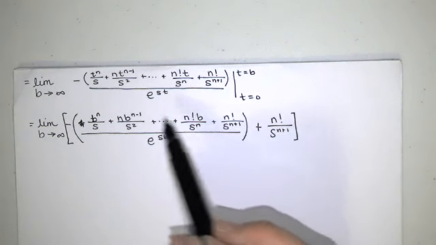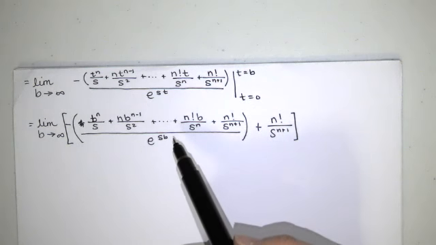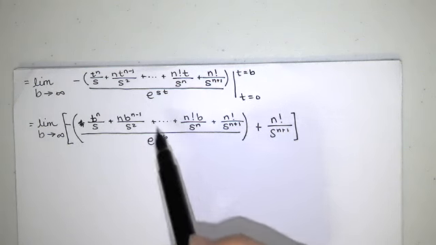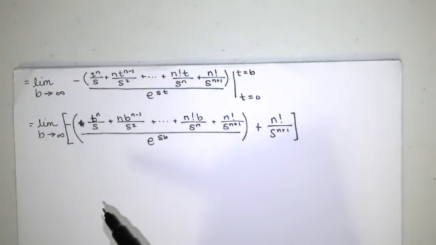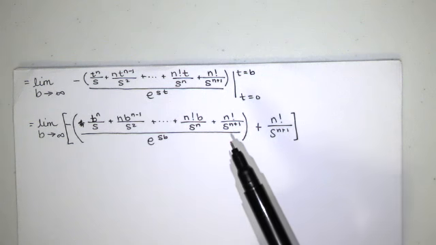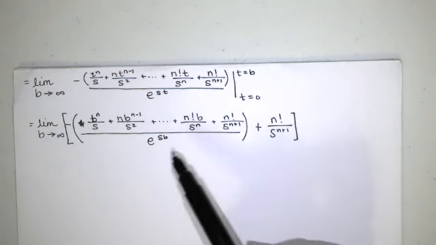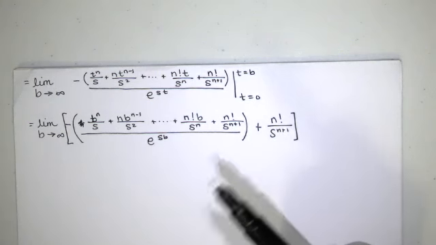If s is negative, then we have something that is approaching infinity over something that is approaching 0. If s is negative, this whole thing is going to infinity. But if s is positive, this whole thing is in infinity over infinity indeterminate form times a -1.